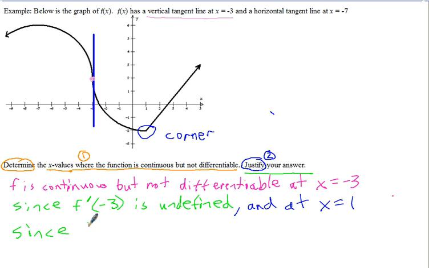So you'd say since the limit as x approaches 1 from the left, but it's not of f of x, because of f of x, they actually are equal, because they do meet up there. So it'd be the limit as x approaches 1 from the left of f prime of x, that's the slope from the left, does not equal the limit as x approaches 1 from the right of f prime of x.